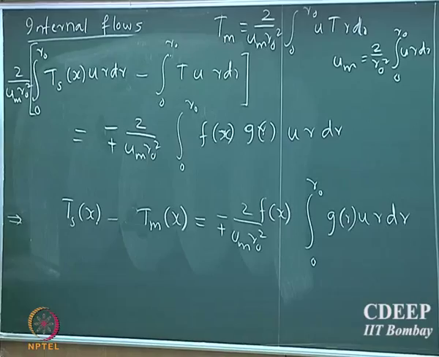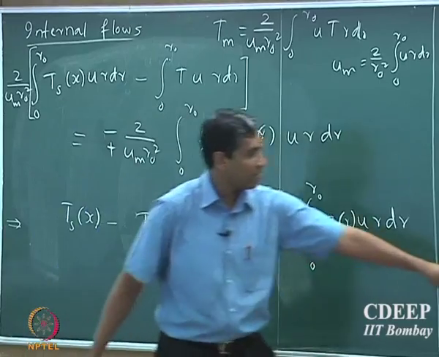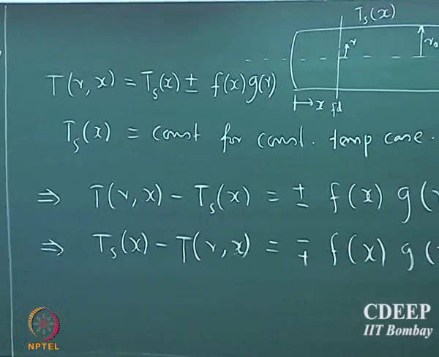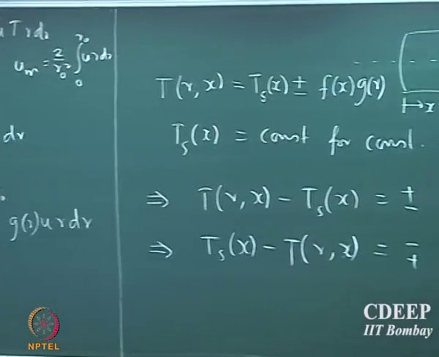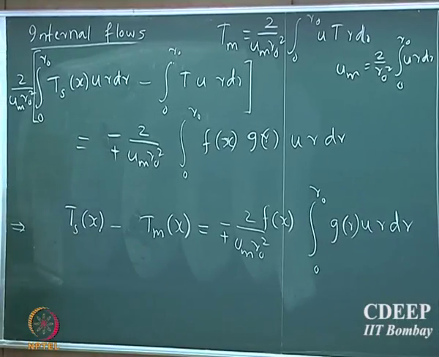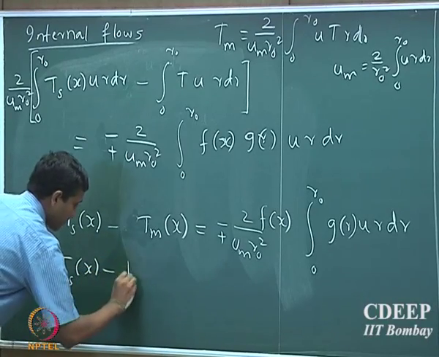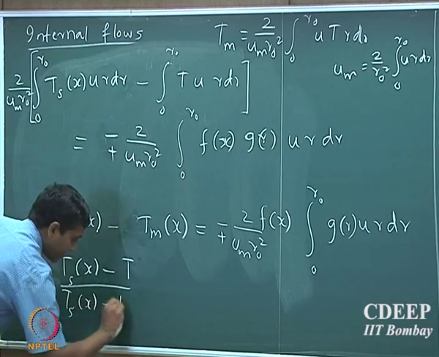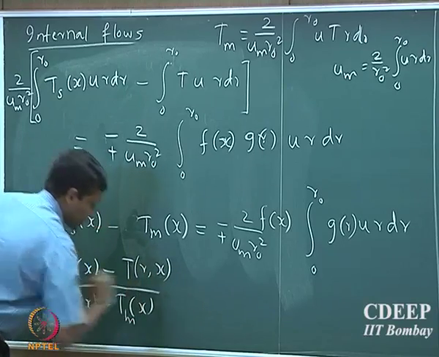Okay. So now if I divide these two expressions, you see there is an expression here which is Ts minus T, that is the difference between the surface temperature and the local temperature, and here is the difference between the surface temperature and the cup mixing temperature. So now if I divide these two expressions, minus T divided by Ts of x minus Tm of x, so this is both function of r and x, right.